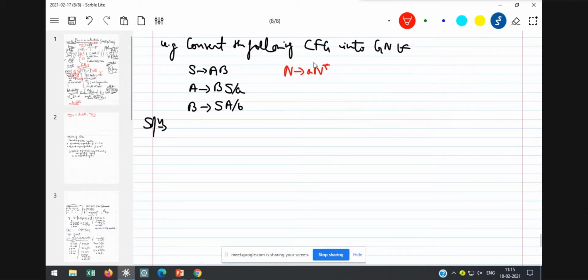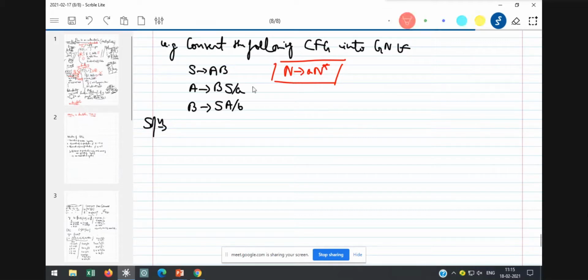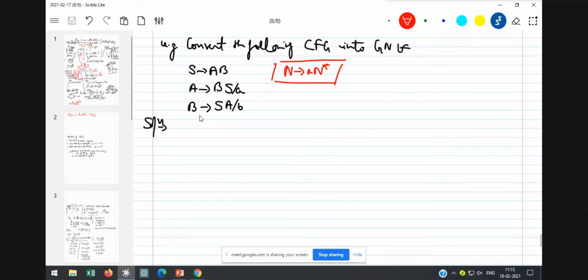If it follows this pattern. Now, these production rules are not in this format, hence we need to convert it.